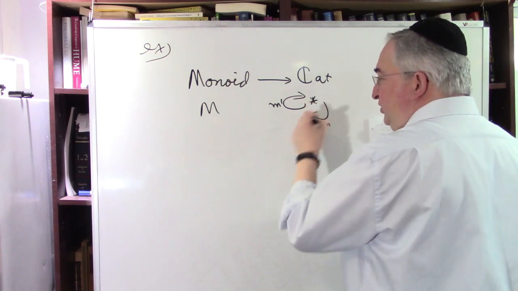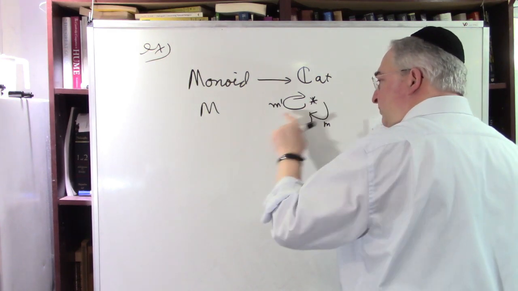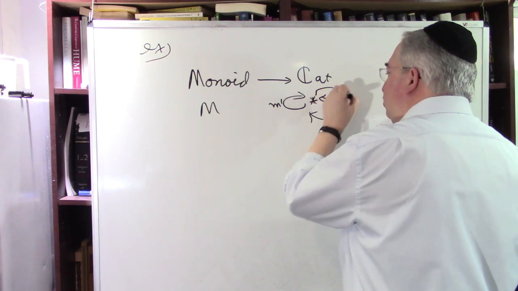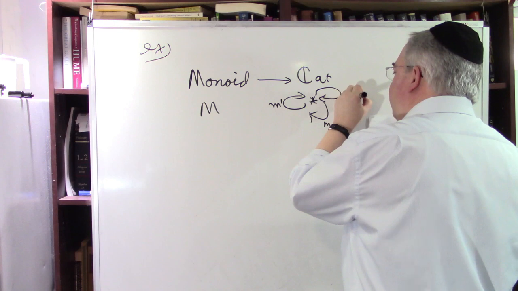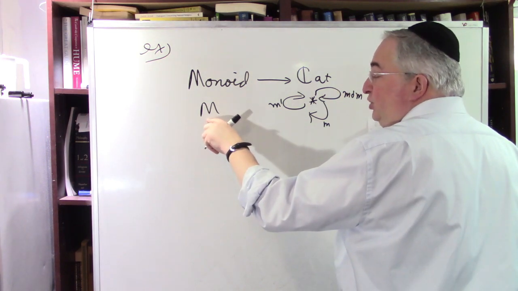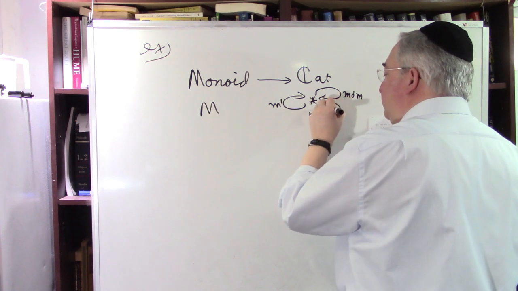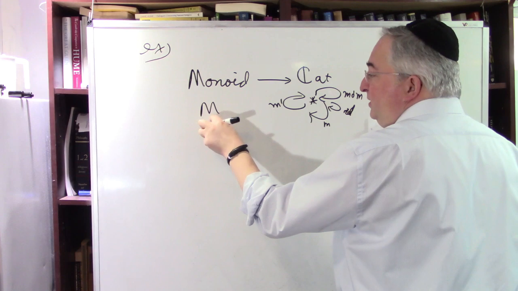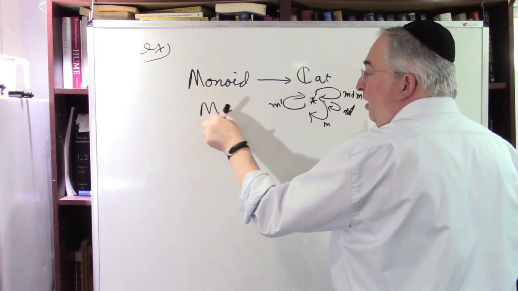The composition of morphisms, m composed with m prime, is equal to the operation of the monoid. And besides that, there's also an identity here, and the identity corresponds to the e of the monoid.